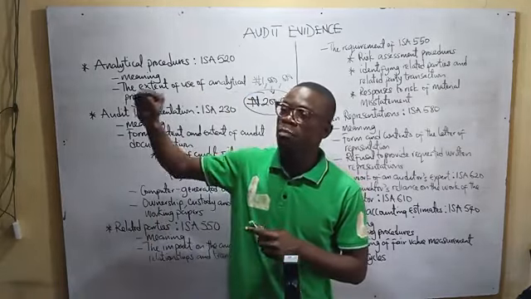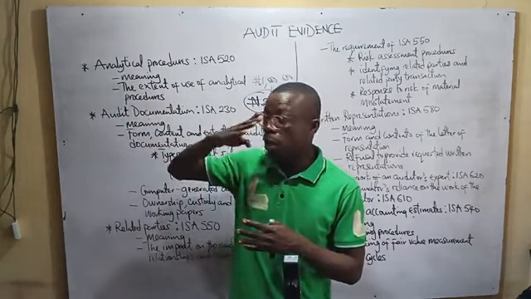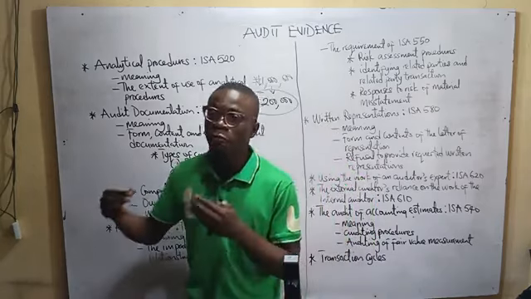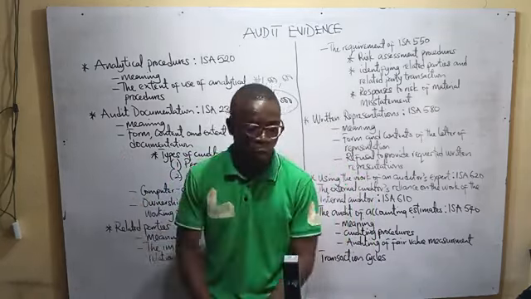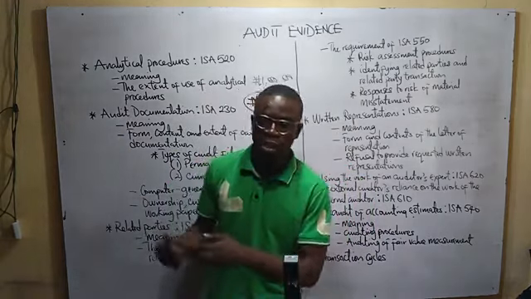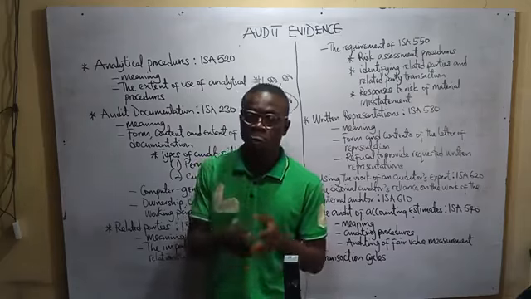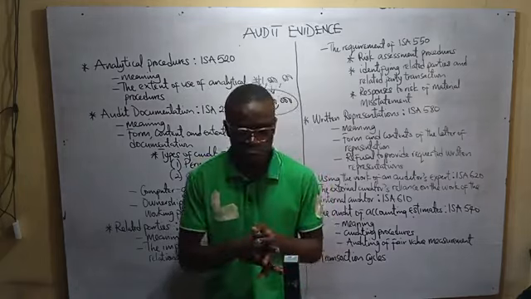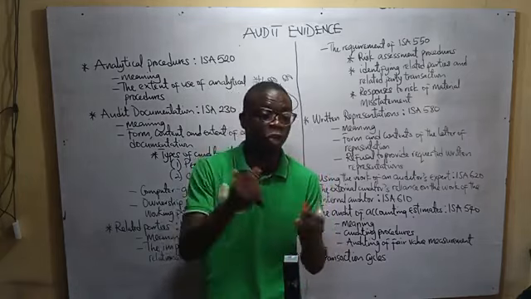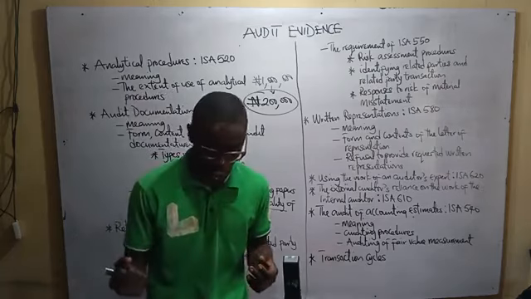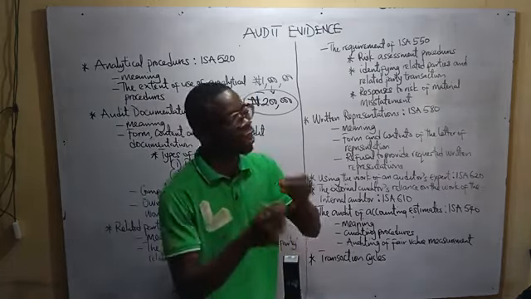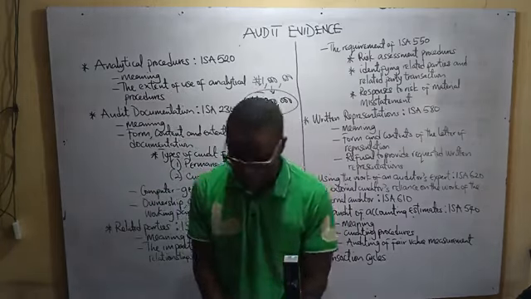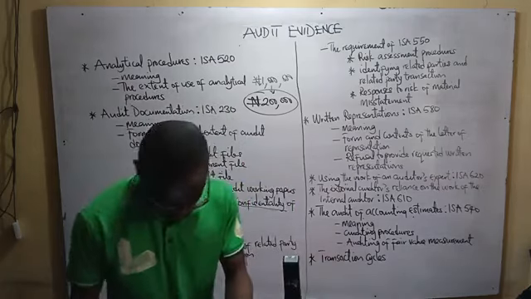That means management writing to the auditor that they have fulfilled their responsibility of preparing the financial statement for that year, that the financial statement they have provided to the auditor, they are the ones that prepared it. And maybe a copy of the financial statement can be attached to that written representation too. It can also serve as support to audit evidence. Am I communicating?